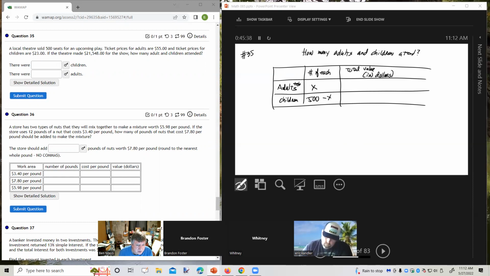An adult ticket is $55, so we got $55 times X. Children's tickets are $23, so $23 times 500 minus X. So the value of the adult tickets plus the value of the child tickets equals the total value, which was $21,548. Okay.